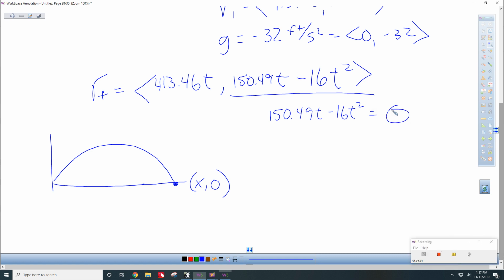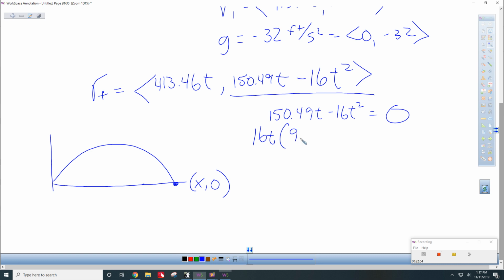When is our height 0? All right, well that's going to be t, let's factor out a 16t, times 150.49 divided by 16.